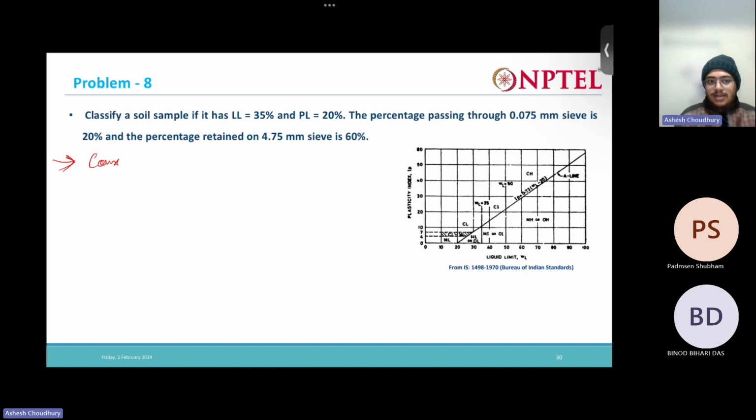That means more than 50% fraction is retained on the 4.75 mm sieve. So you are 200% correct that the soil is gravel. That means the soil is definitely gravel.